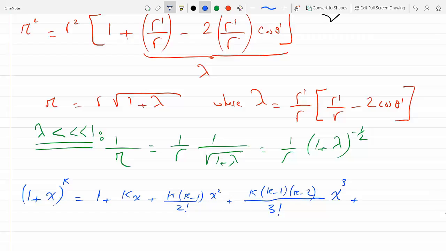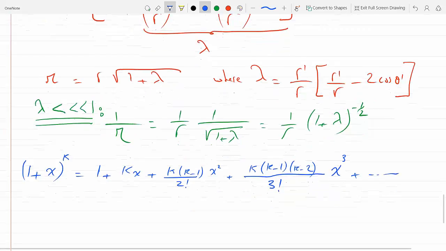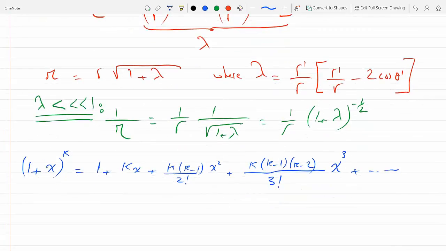And then I could keep on rolling, k minus 1, you get the idea. We don't have to go to additional terms. So this came from your calculus class.